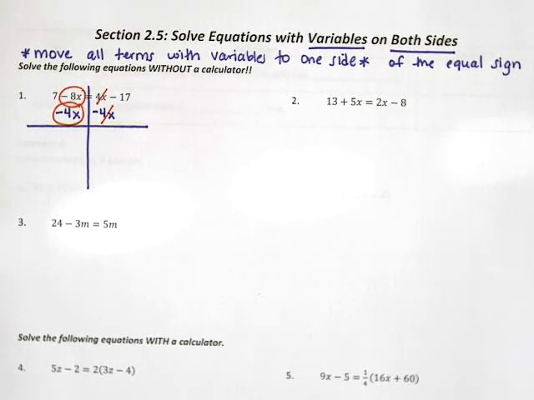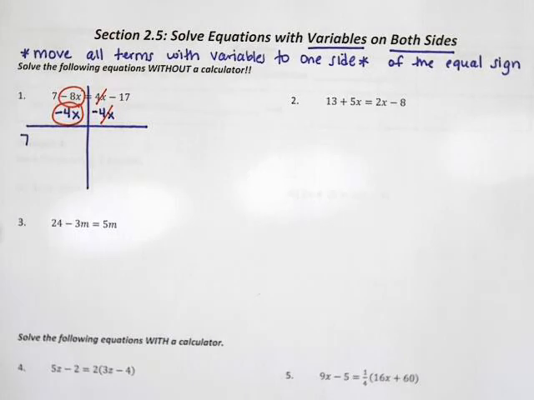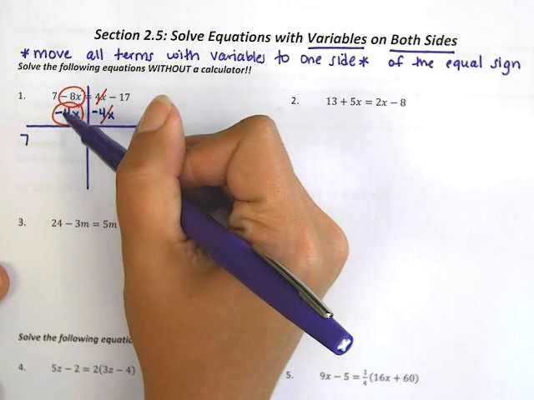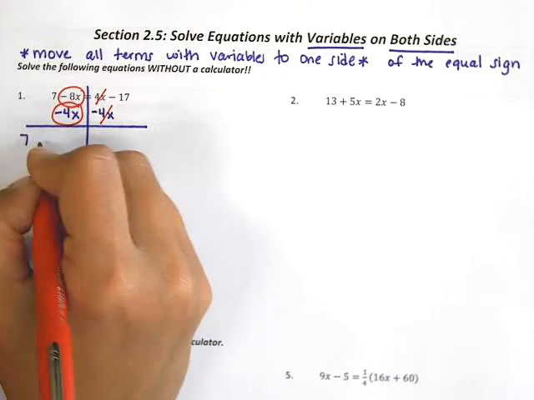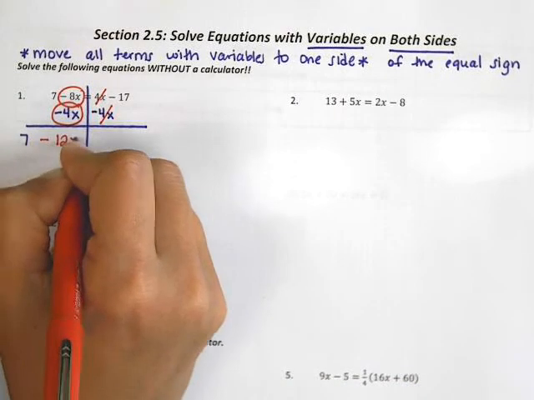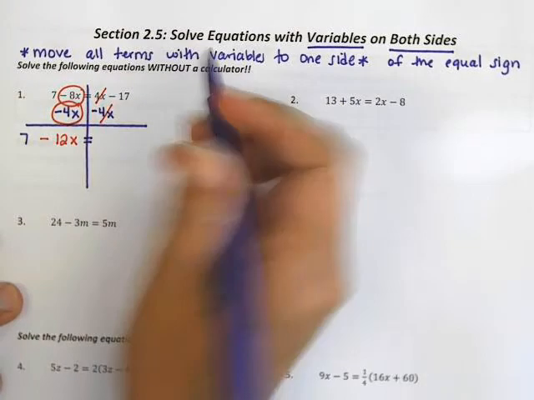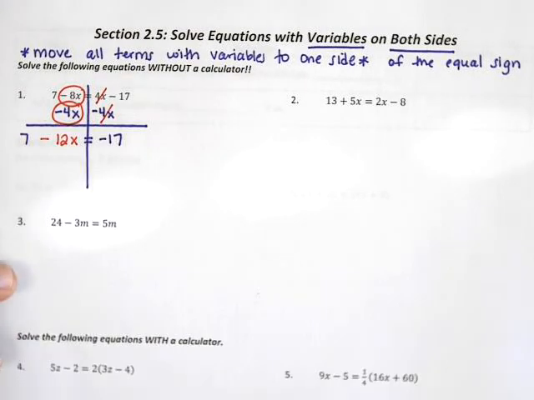So I'm going to drop down the 7, just drop it like it's hot, don't change anything. And then when I combine negative 8x and negative 4x, I get negative 12x. Now on the other side of the equation, I'm going to drop down the negative 17. Just drop it like it's hot.